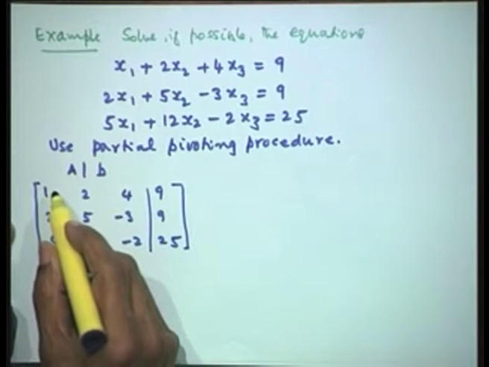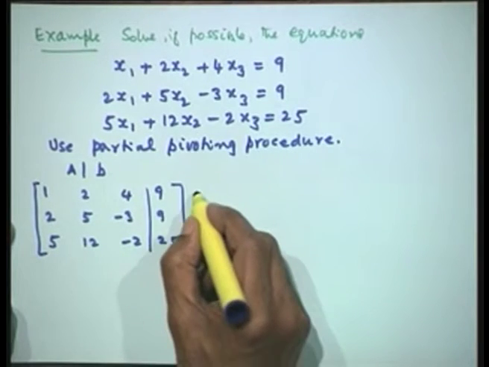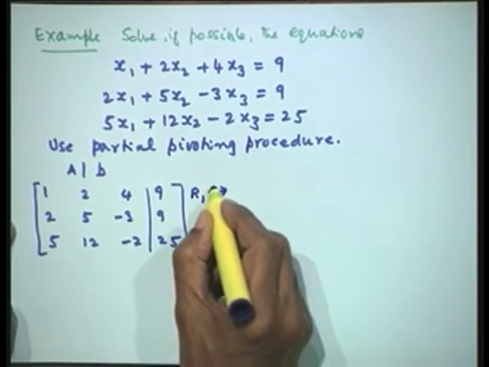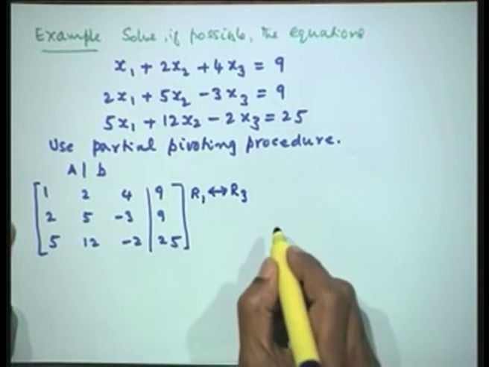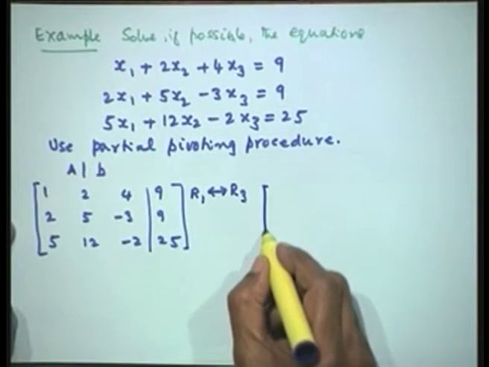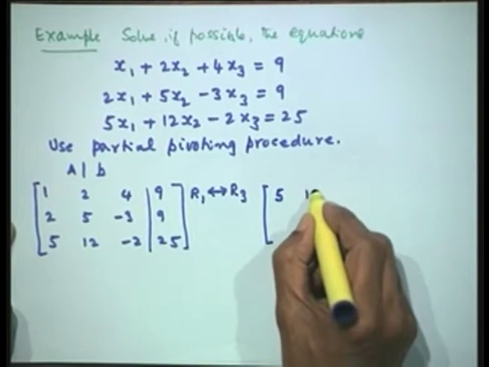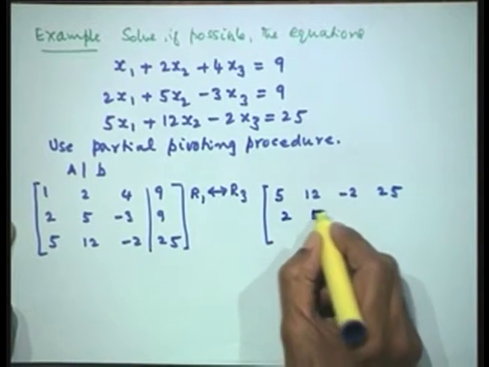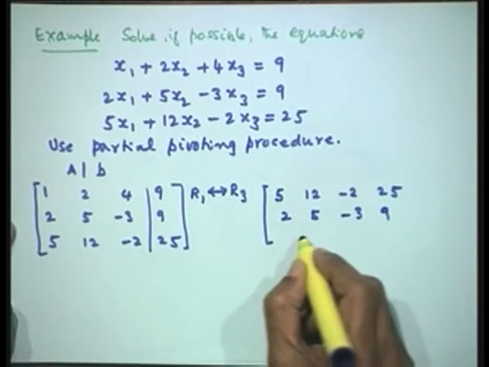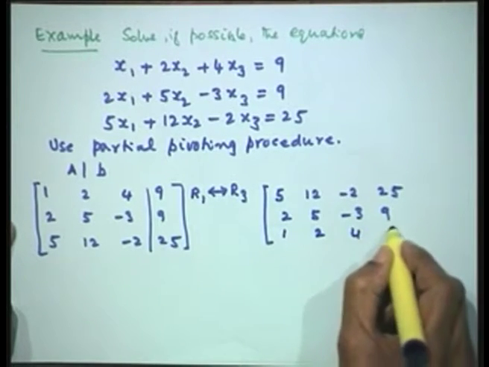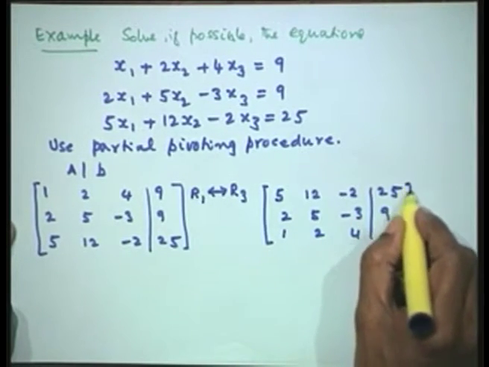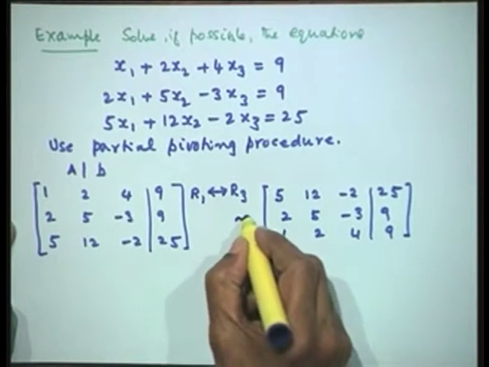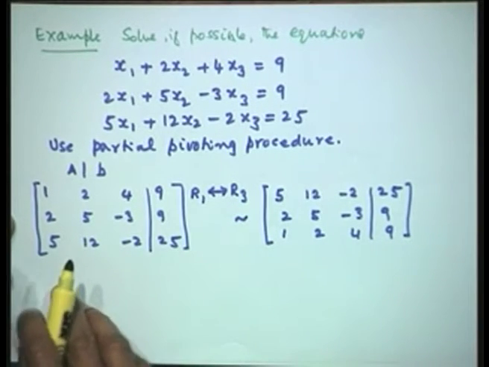So, I will interchange row 1 and row 3. So, I would therefore have 5 12 minus 2 25, 2 5 minus 3 9, 1 2 4 9. So, this is an equivalent matrix.